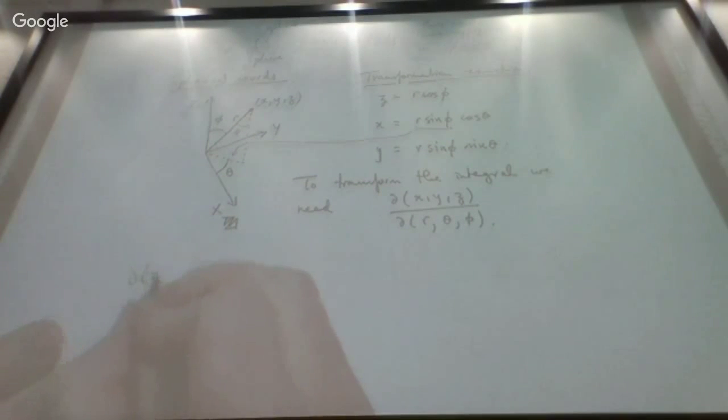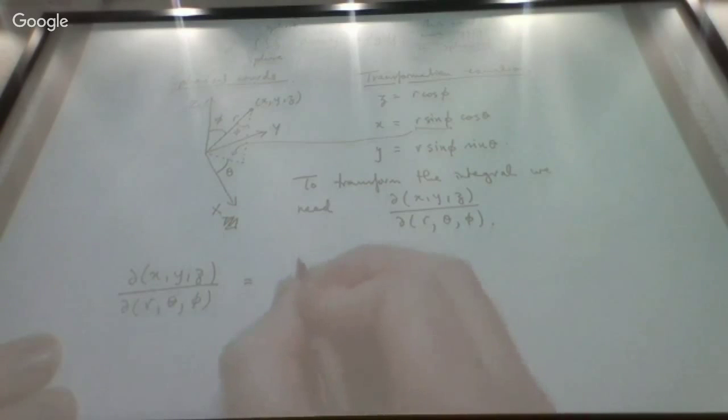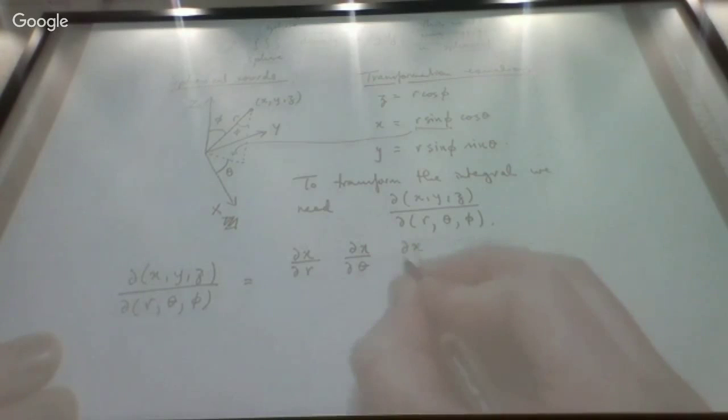So by definition, let's write this over dxyz dr theta phi. Remember how we defined these things? It was the matrix of partial derivatives, and then we take the determinant of that. So we've got dx dr, dx d theta, dx d phi. The old variables, the variables on the top of the Jacobian notation, index the rows, and the new variables index the columns.